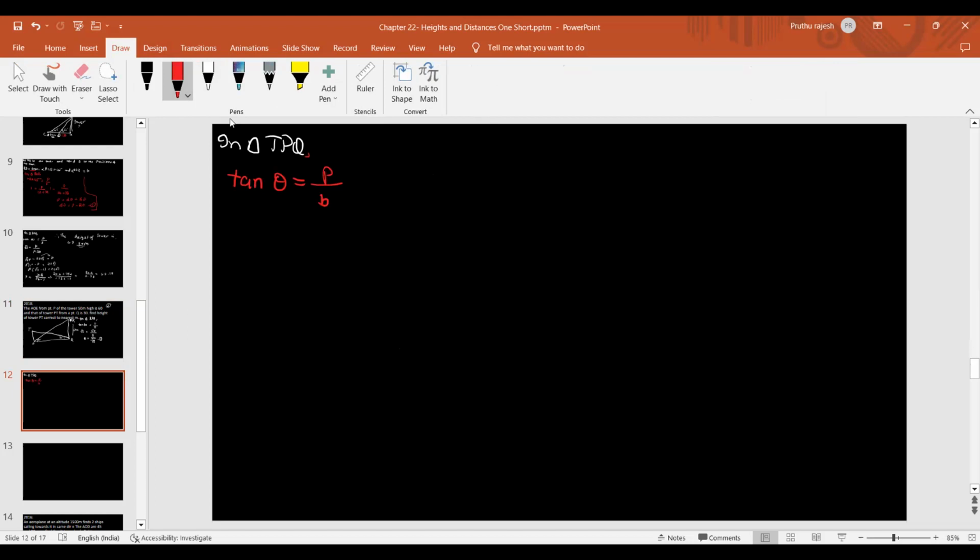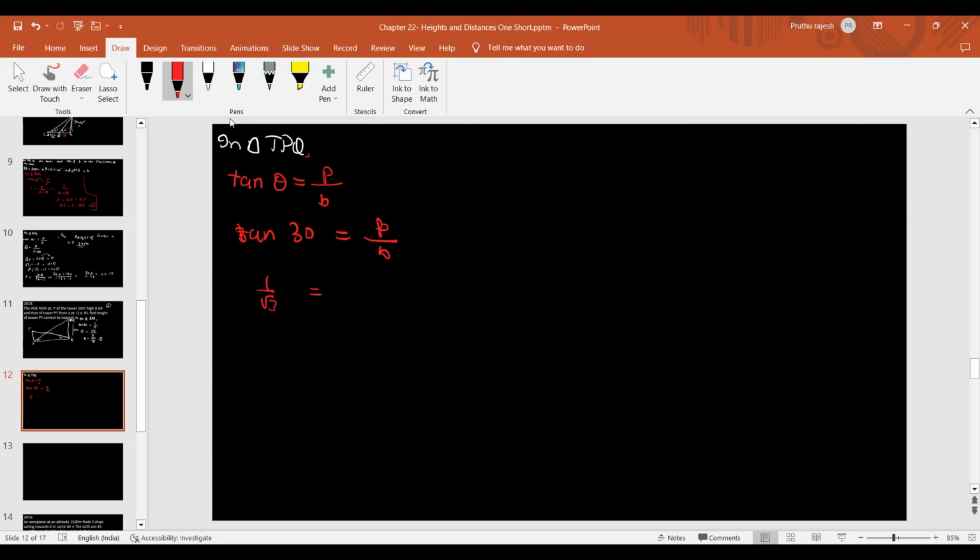Here tan 30 equals perpendicular by base. So tan 30 is 1 by √3.